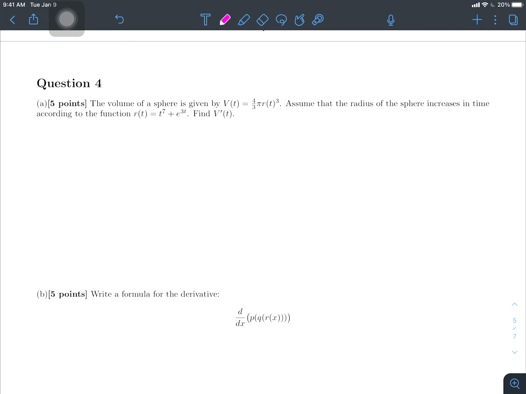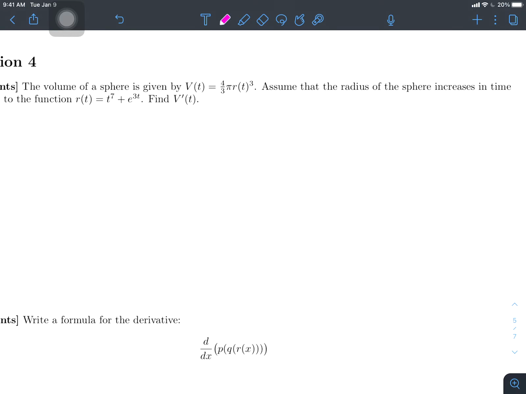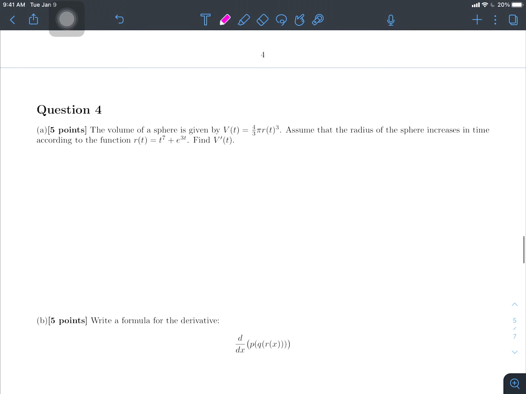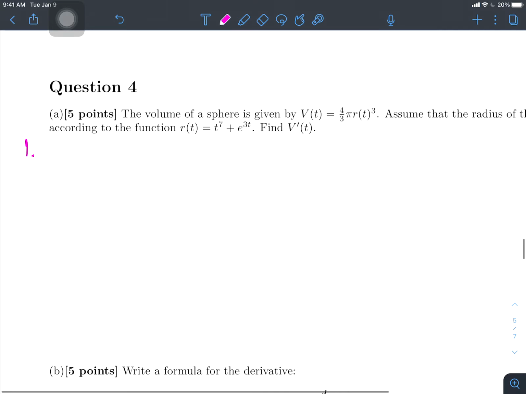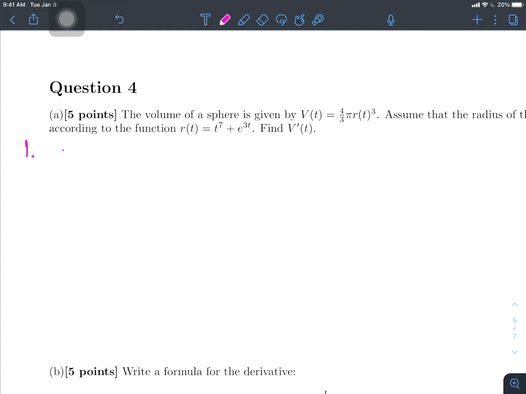So we need to find the derivative of this volume function. There's a couple ways you could go about this. The first way would be to leave r alone for the time being and notice that d dt of 4/3 pi r of t cubed is the same as, well, the constant can come out.